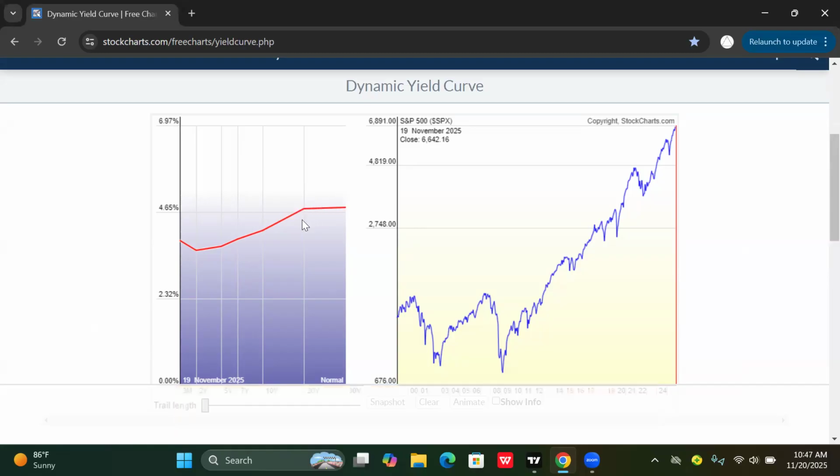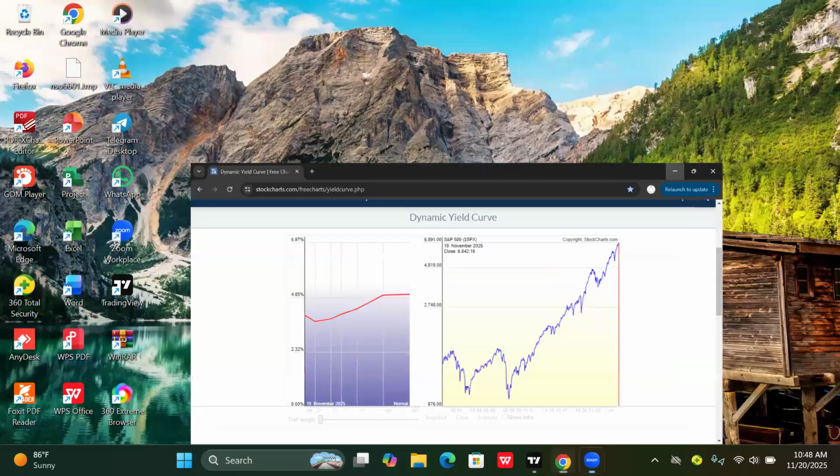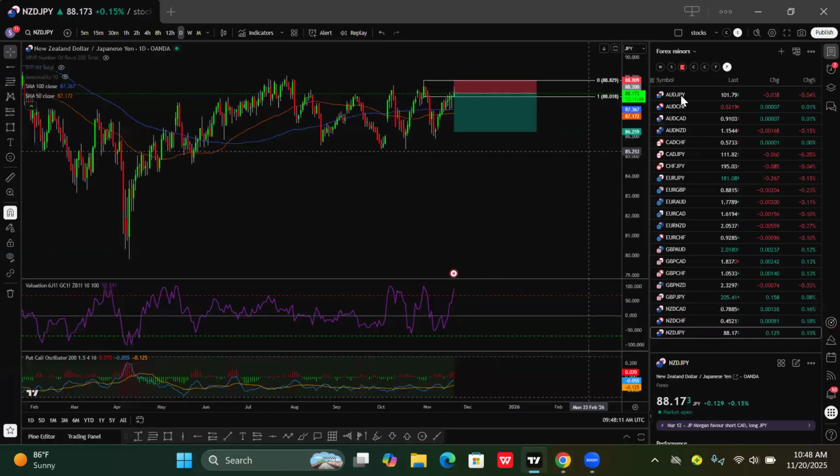Okay, so now the yield curve is quite optimistic. This means investors are optimistic because the yield curve is still normal, if you will, right? So this is for stocks, meaning the stock market at some point would recover and post new highs.